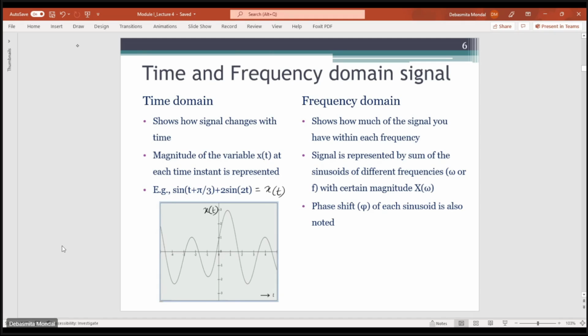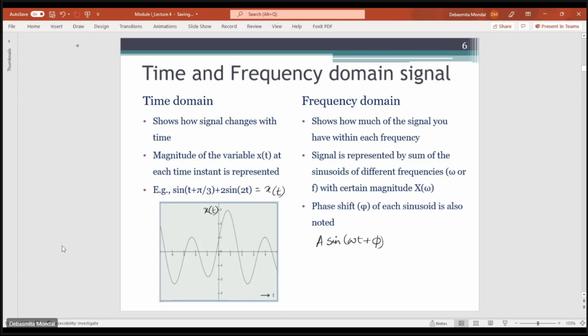In general you can represent a sinusoidal signal as A sin(omega t + phi). This is the general representation. If you compare it with our function, there are two terms.